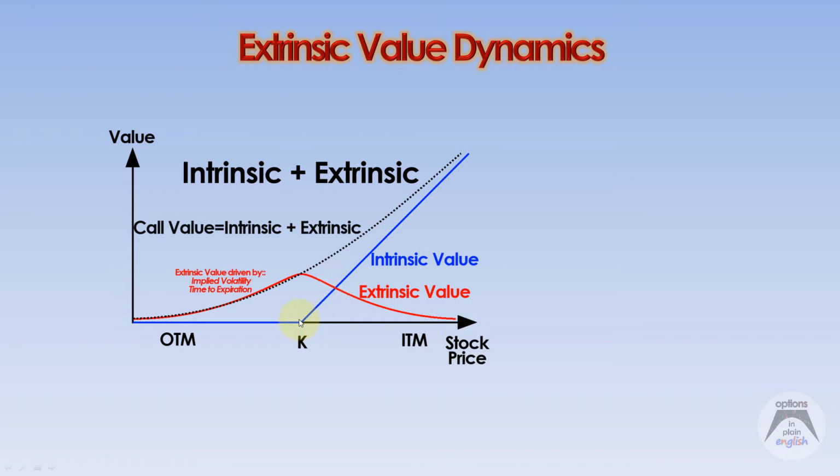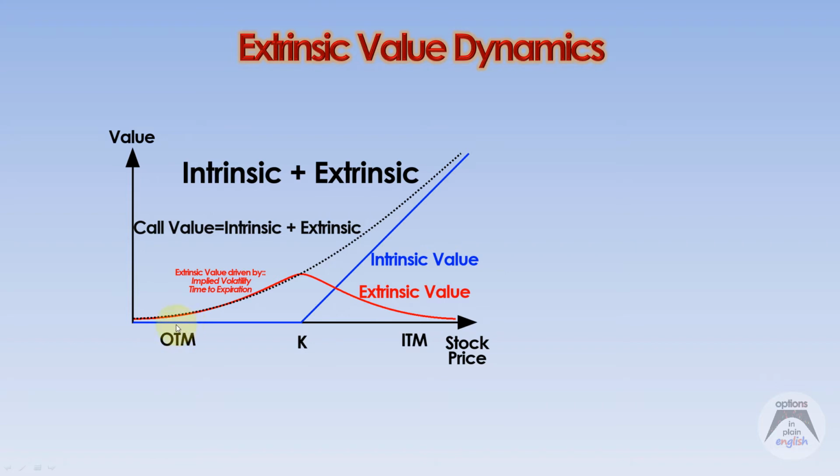So if it goes $2 in the money, the intrinsic value is going to be $2, because if you have a call option with this strike price, you can go to the market, exercise, buy at this price and sell at this price. So you have the difference between the price and the strike price as the real tangible value for that option.